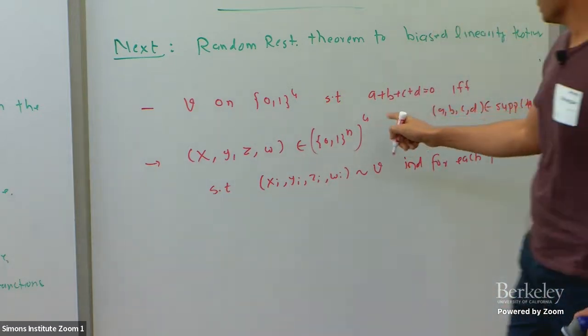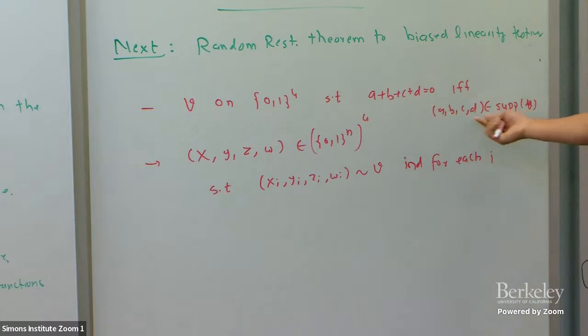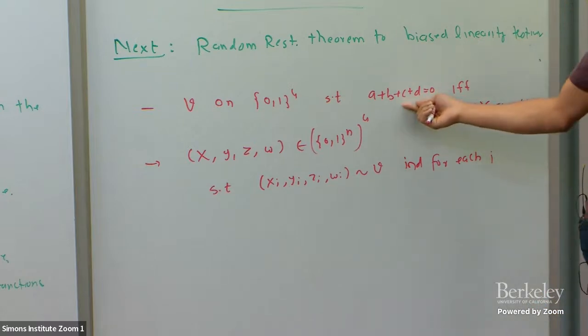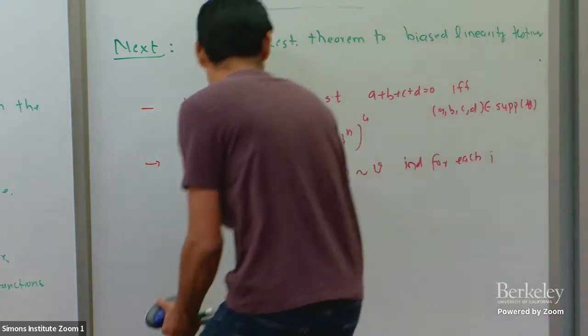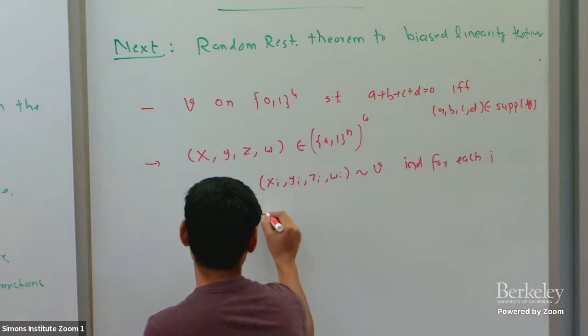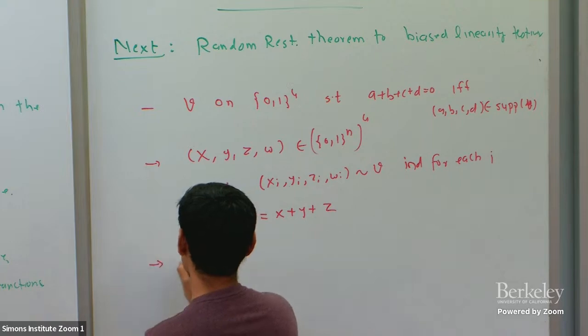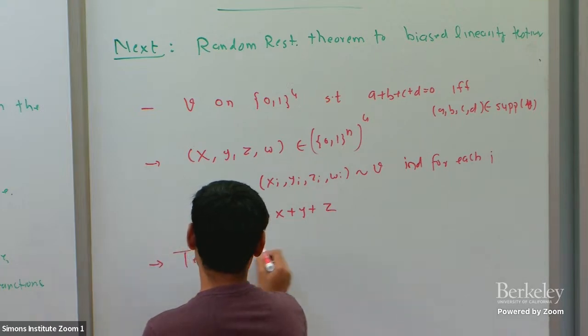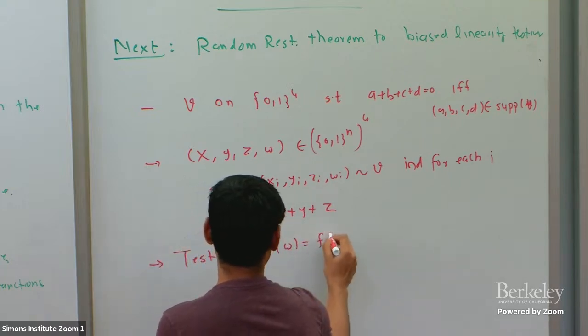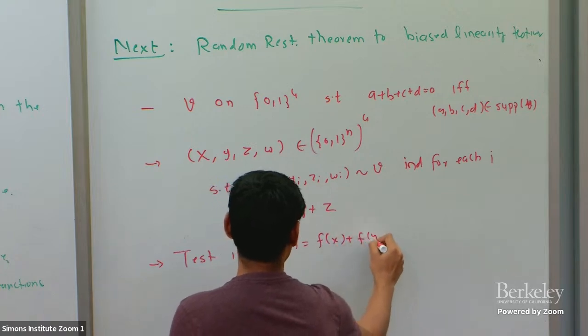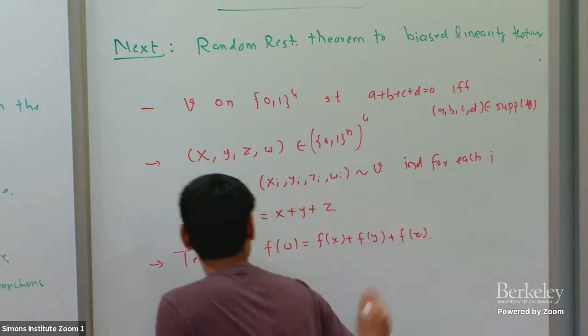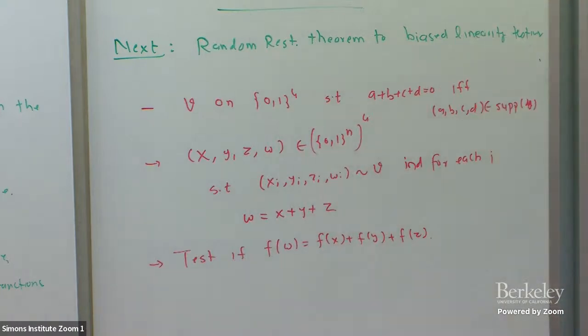By definition, because every tuple in the support of nu has addition 0, we have w is equal to x plus y plus z. And the test queries and tests if w is equal to f of x plus f of y plus f of z. So that's the test.